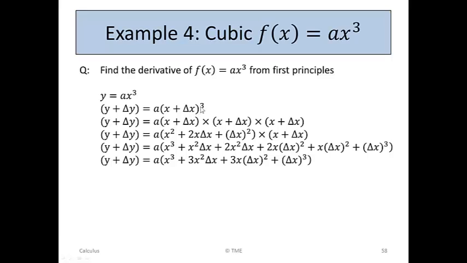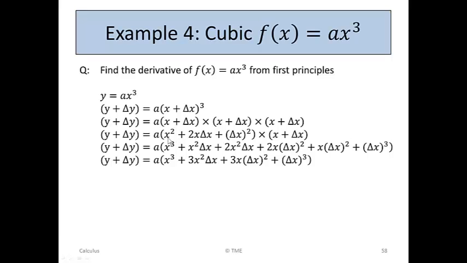(x plus delta x) cubed is (x plus delta x) times (x plus delta x) times (x plus delta x). Expanding the first two out, we get x squared plus 2x delta x plus delta x squared from the cross multiplication of everything there. We now must multiply that by x plus delta x.